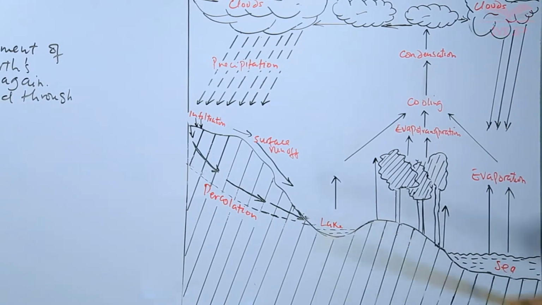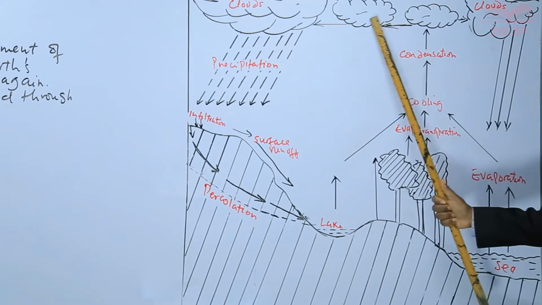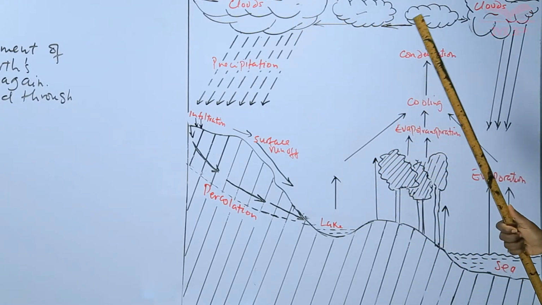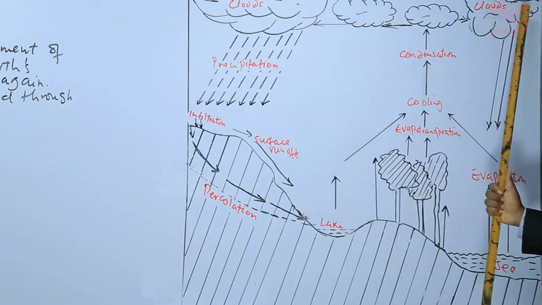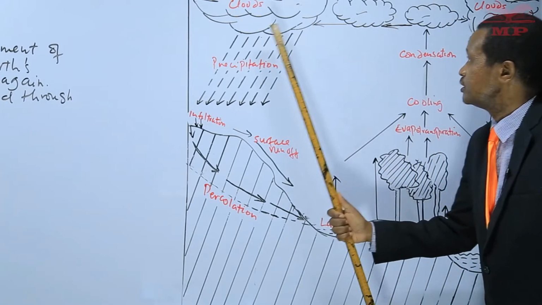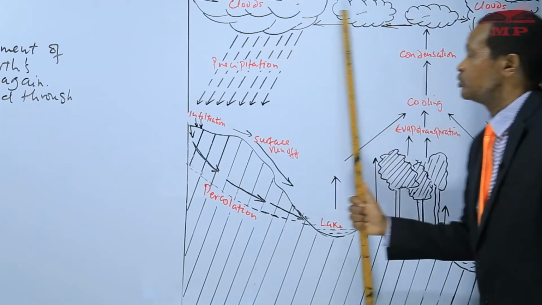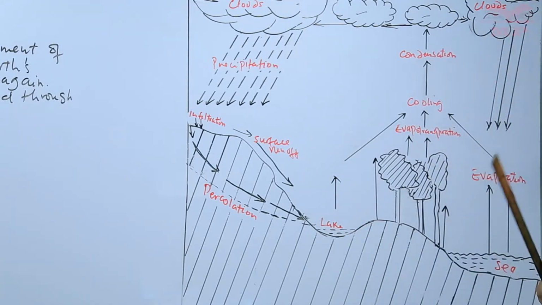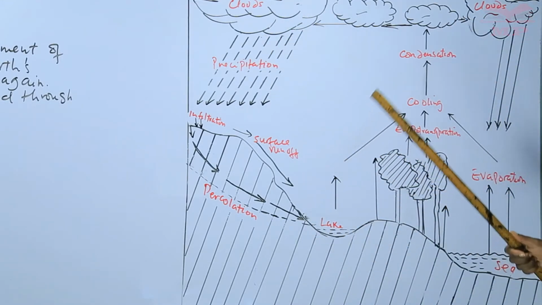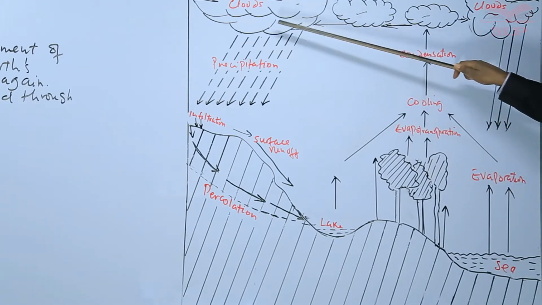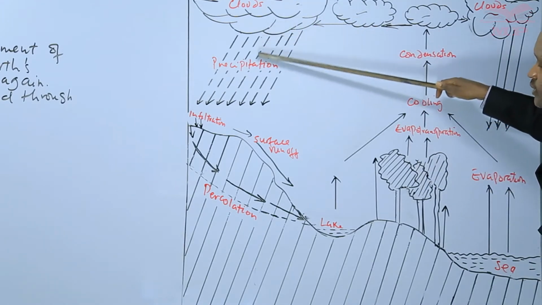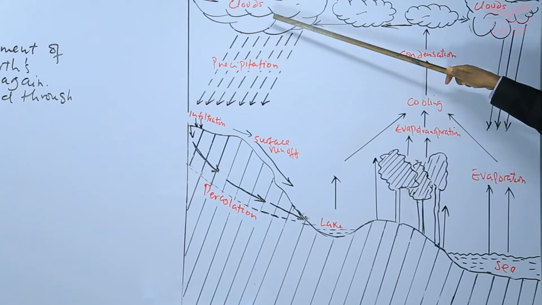So, learners, when these clouds become too heavy laden with moisture, they release it in a process we are calling precipitation.